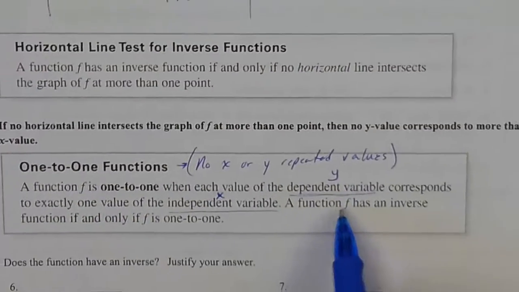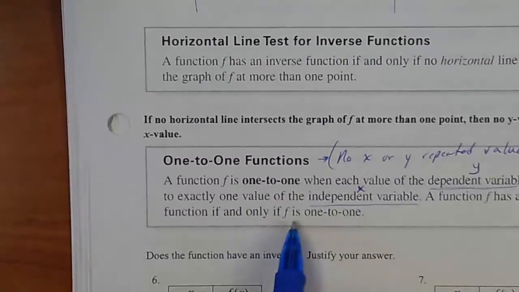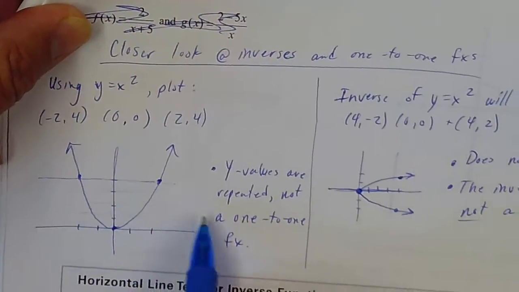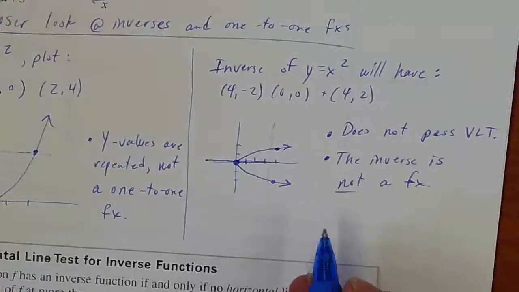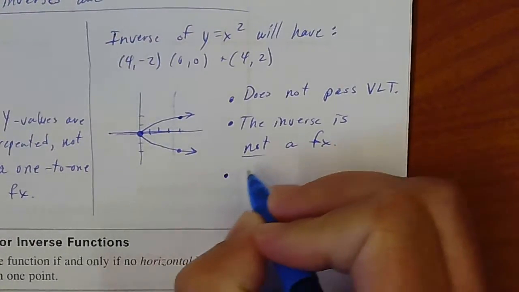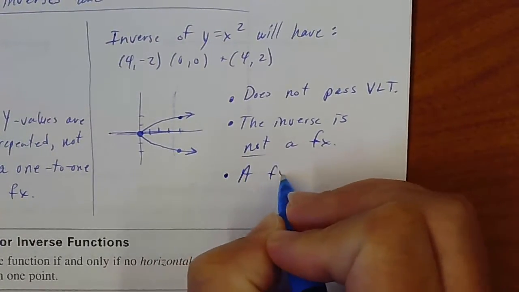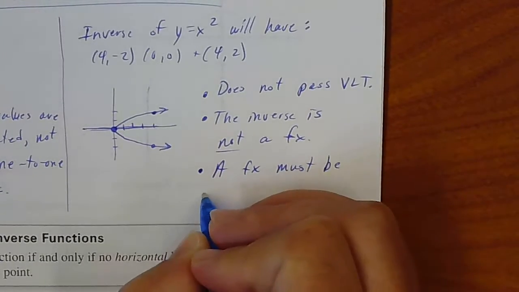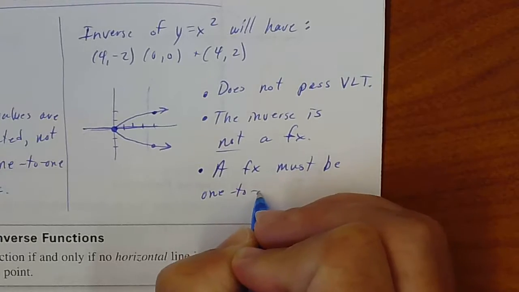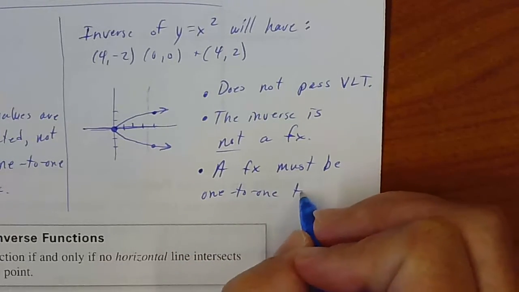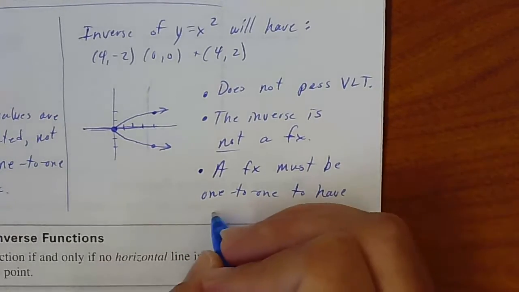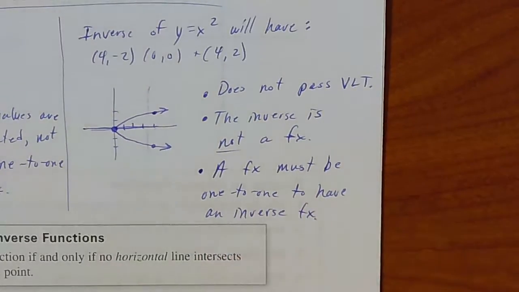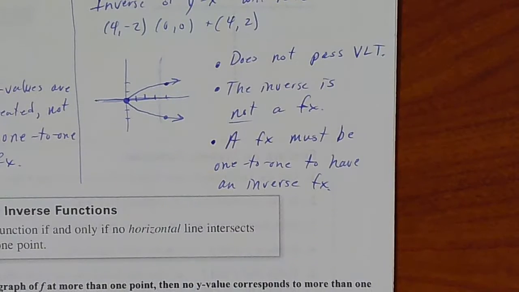A function only has an inverse function if it's one-to-one. This was not a one-to-one function, so that's why the inverse was not a function. Okay, so just to make sure we're perfectly clear here: a function must be one-to-one to have an inverse function. Must be one-to-one.